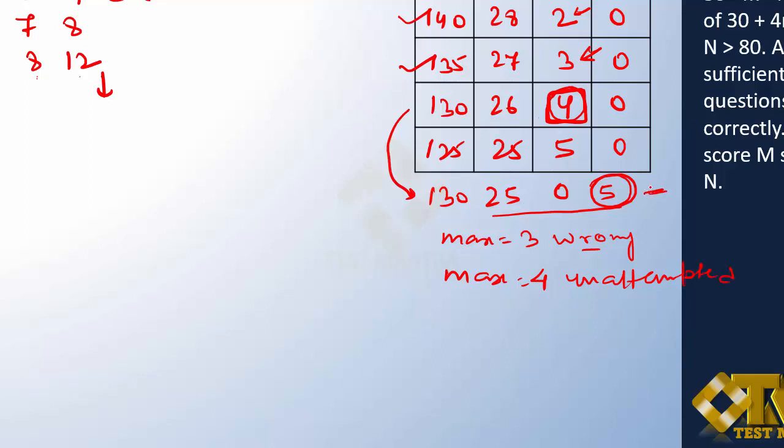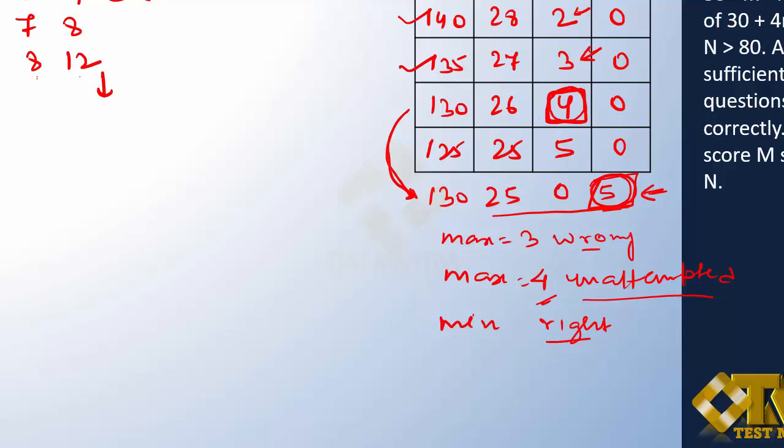You can identify here if I have 5 unattempted questions, in that case my score at these 2 points are same. So now I can identify that maximum I can have 4 unattempted questions, maximum I can have 3 wrong questions. So in that case I can say minimum I can have how much? Minimum right. I have to identify minimum right in this case.